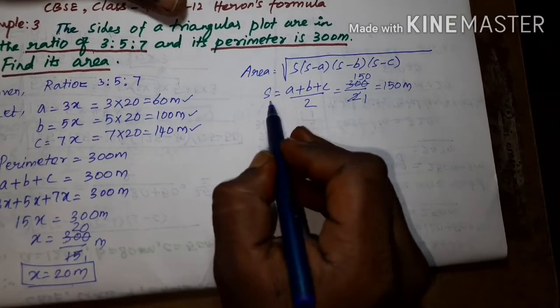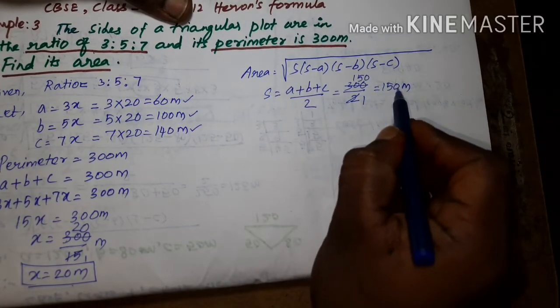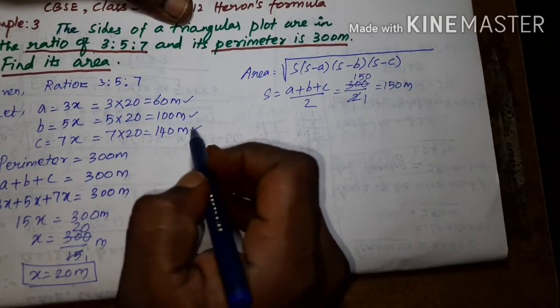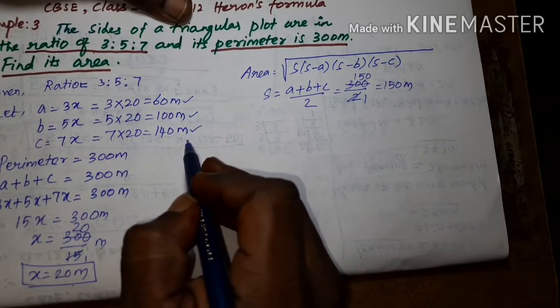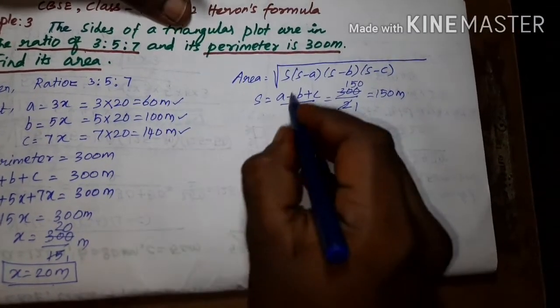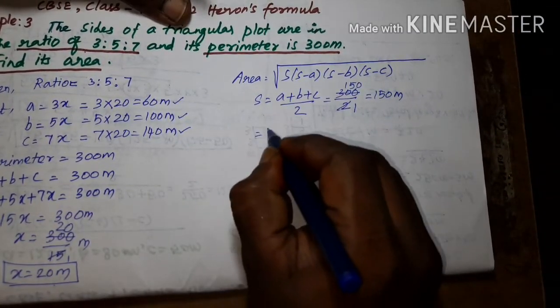So now I know all the values here: s value is equal to 150 meter, a value is equal to 60, b value is equal to 100, and c value is equal to 140. So I am going to apply the formula, and I will get the required area.